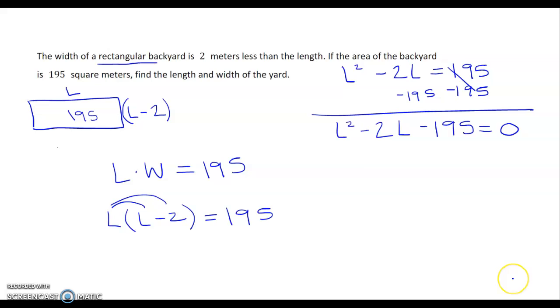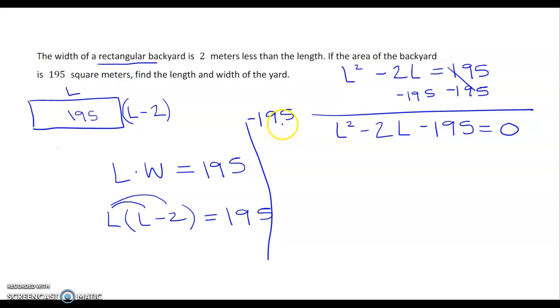Okay, so we need to factor this. Now, right off the top of my head, actually, let's write this out first a little bit. So we're looking for factors of 195, a negative 195, that add up to negative 2. So because it's a negative 195, we know we'll have one positive, one negative.